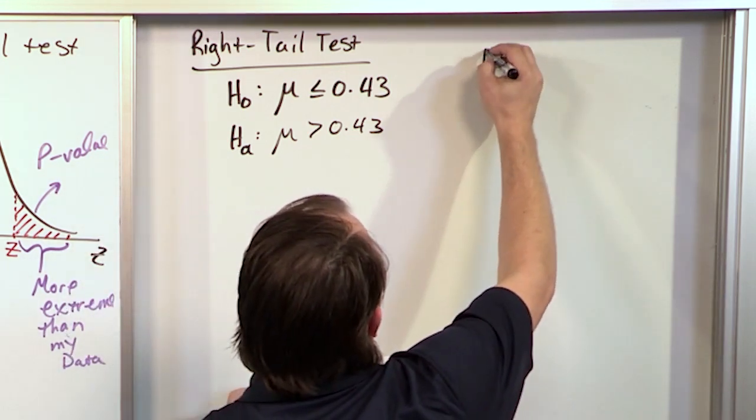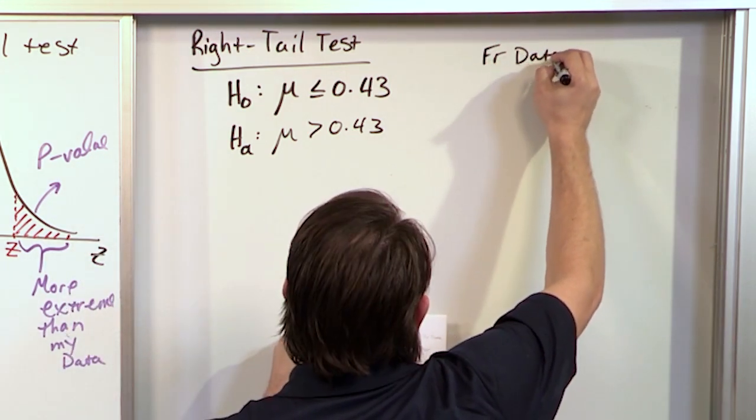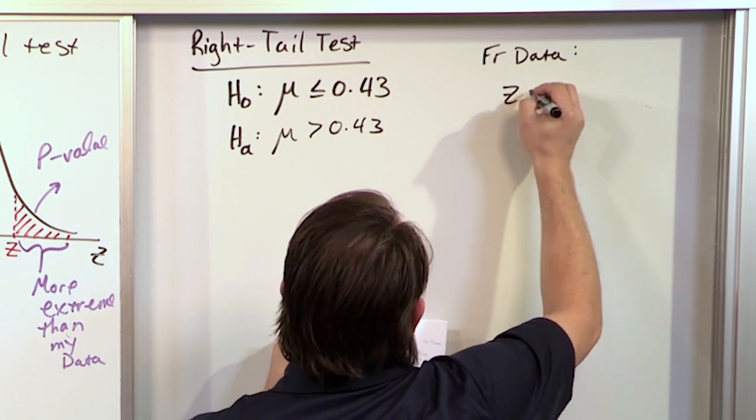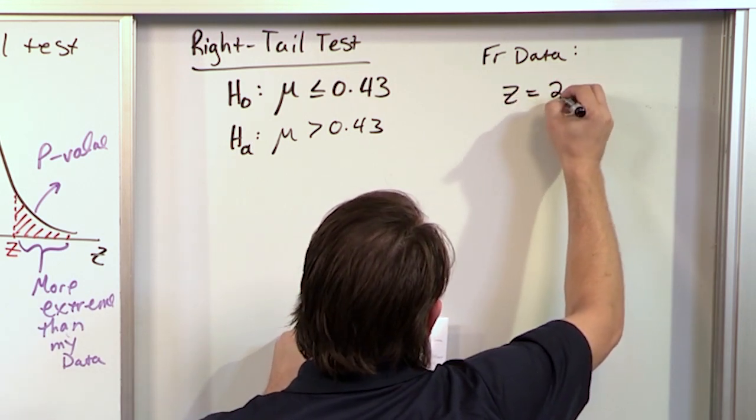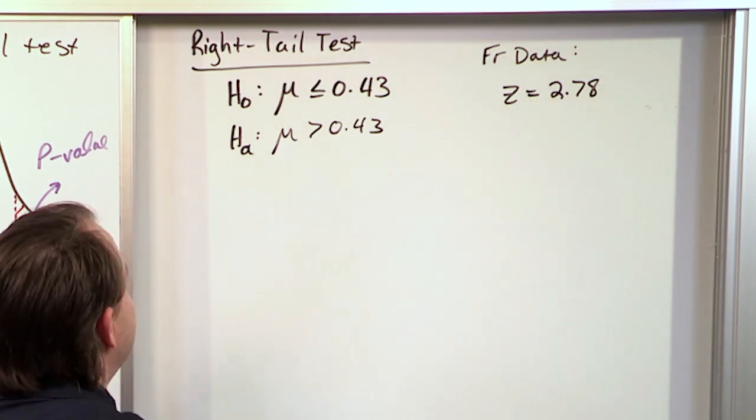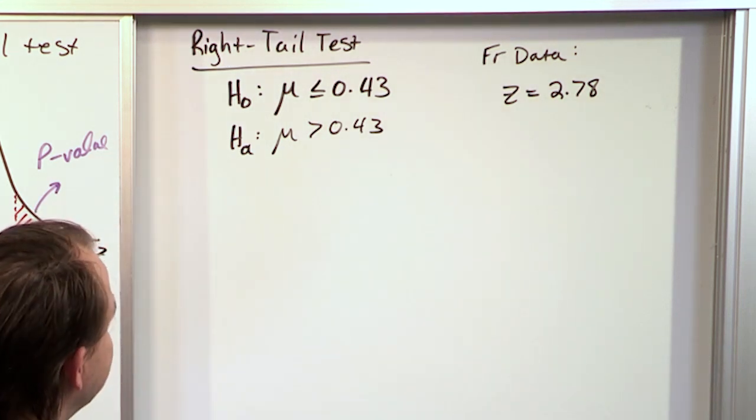And let's say from the data, z is equal to 2.78. So all we have is this, and the question is, what is the p-value for this problem?